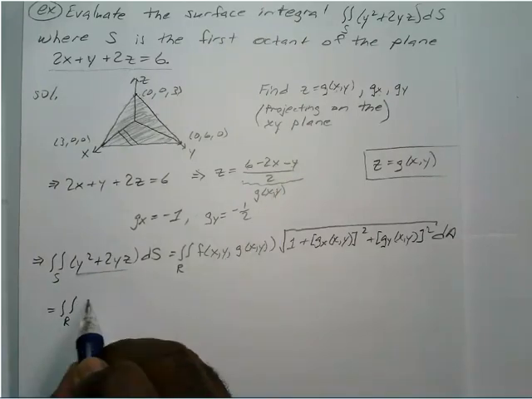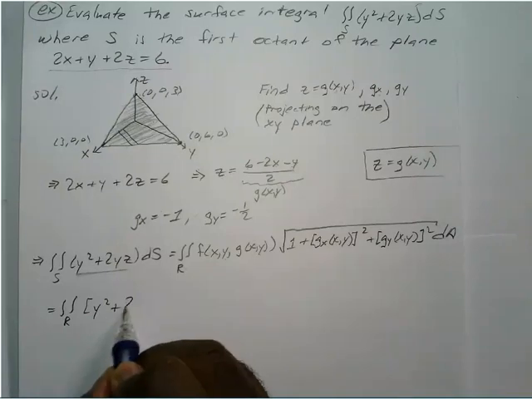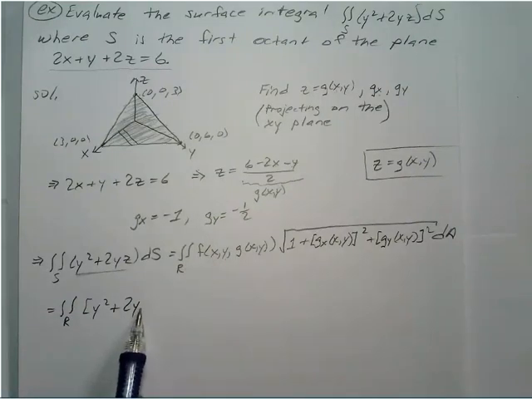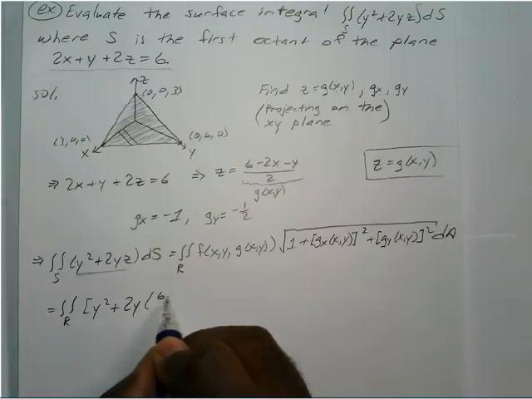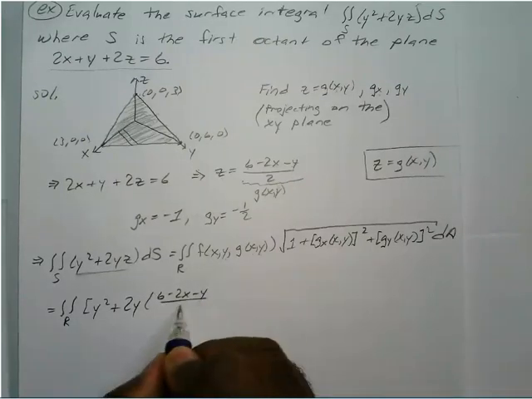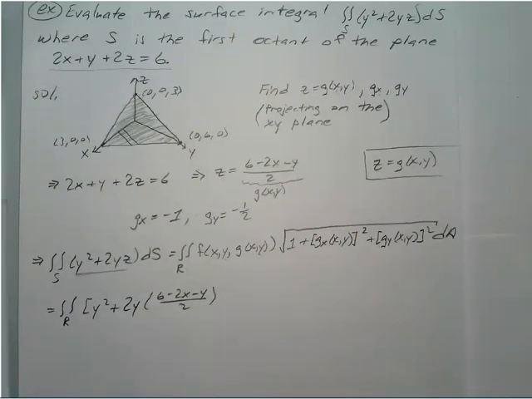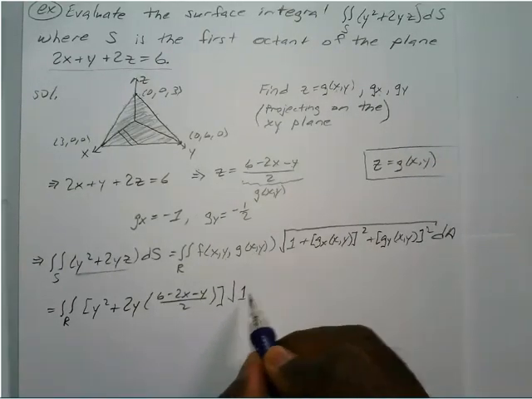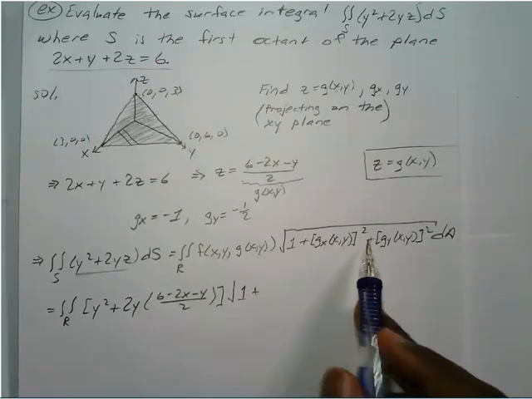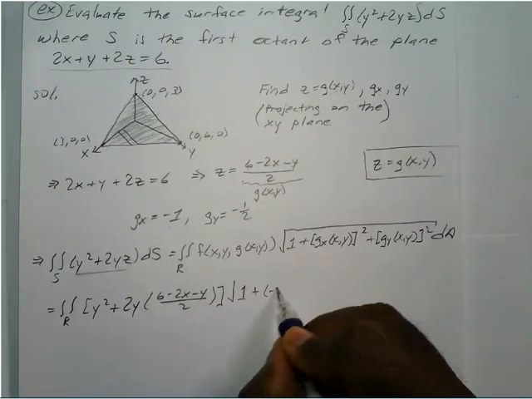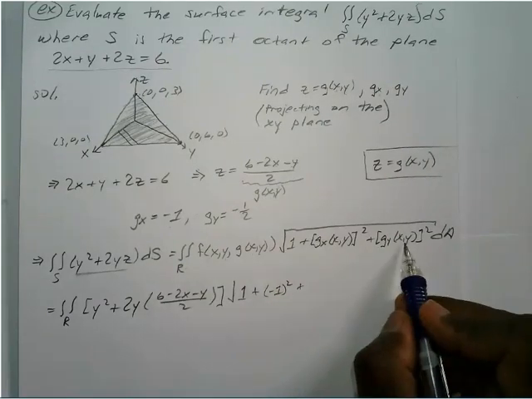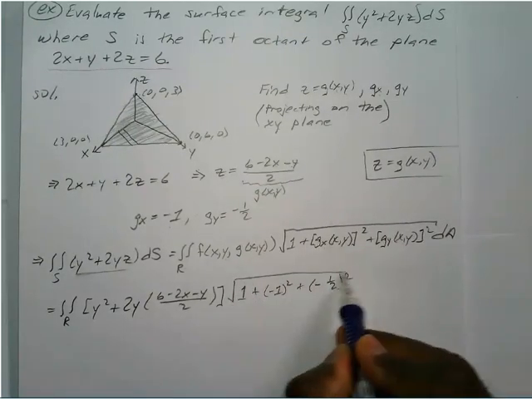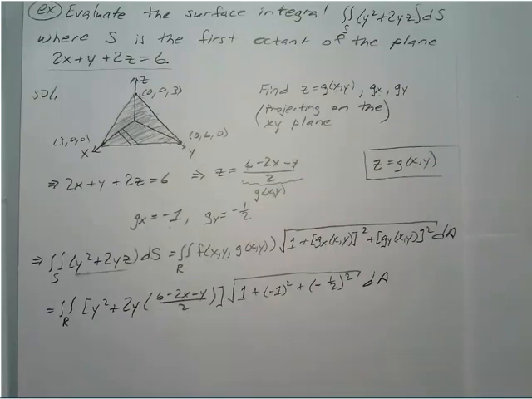So we have y squared plus 2y times (6 minus 2x minus y) over 2, times the square root of 1 plus the partial with respect to x squared, so that's -1 squared, plus the partial with respect to y squared, so that's -1 half squared, with respect to a.